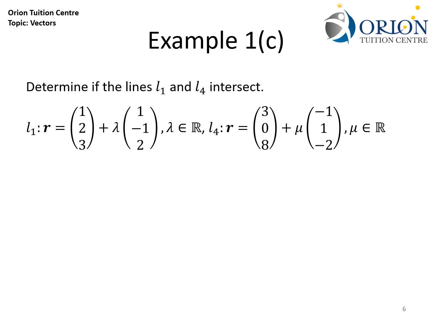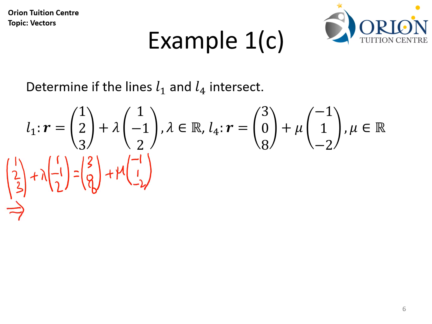Same thing for this example, we can equate the equations of the two lines together. (1, 2, 3) plus lambda (1, -1, 2) equals (3, 0, 8) plus mu (-1, 1, -2).